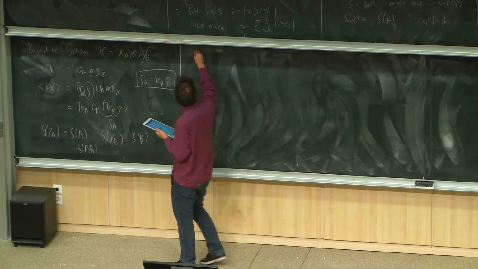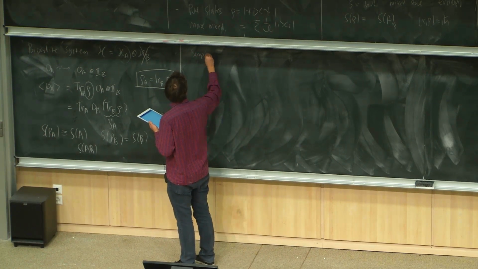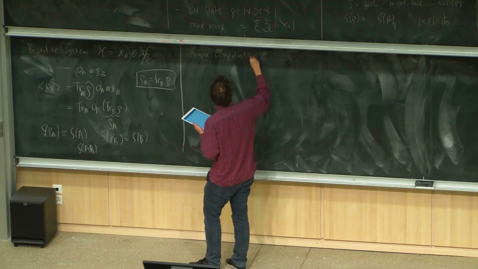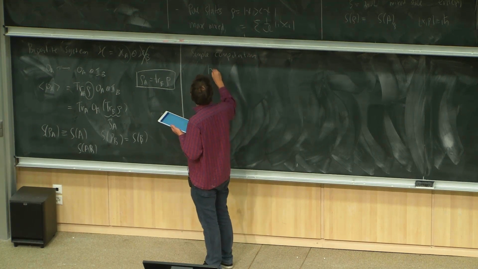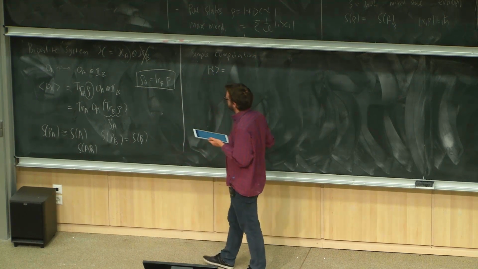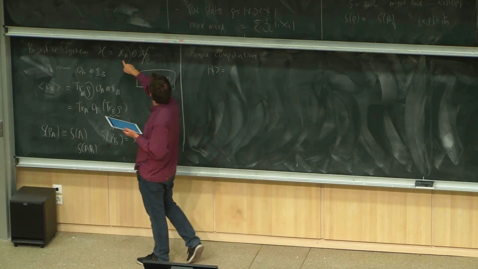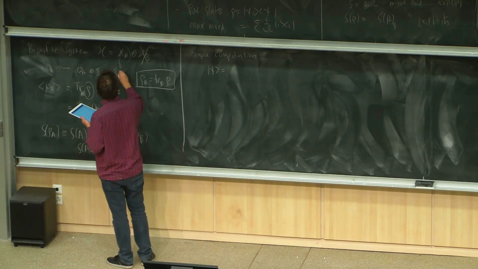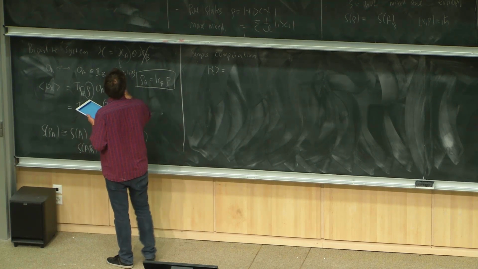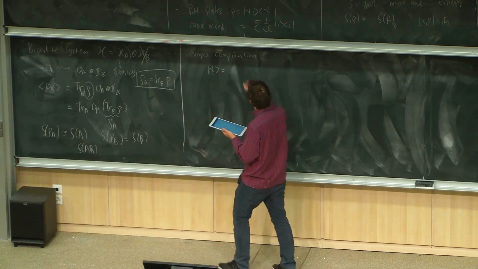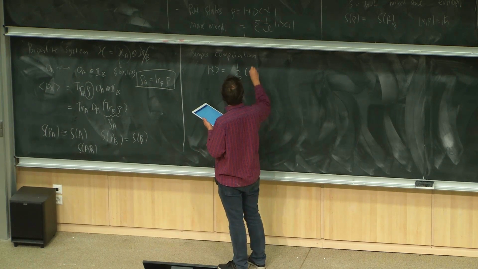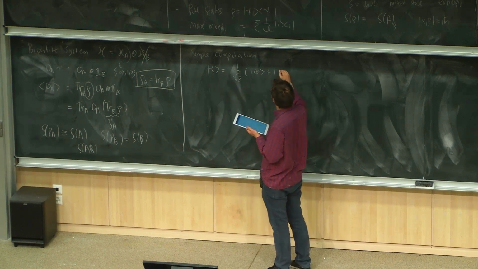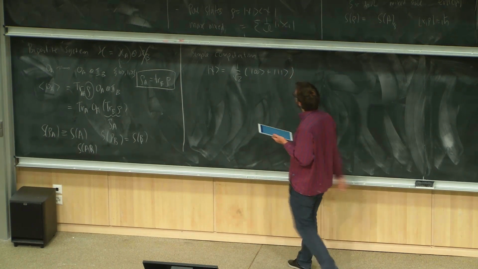A simple computation in an example really shows you what's going on here. If I take a pure state in the full Hilbert space, let's say I just have 2 qubits. So this is a qubit, and this is another qubit, which is spanned by 0 and 1. And I take an entangled state, so one that can't be written as a product of some state in HA times some state in HB.